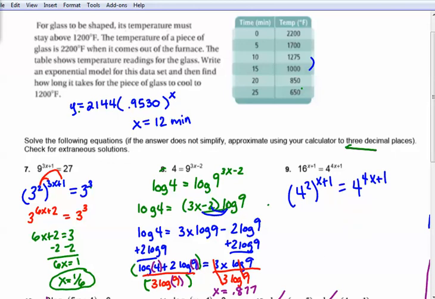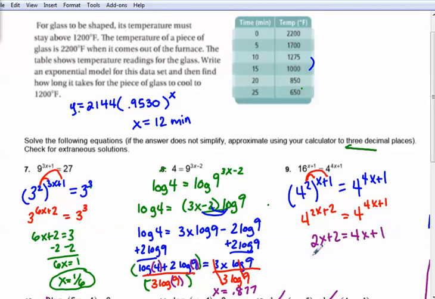So then you need to remember to distribute the 2 to the x and to the 1, and then you'll have 4 to the 2x plus 2 equals 4 to the 4x plus 1. And then once the bases are the same, you can deal with just the exponents. So 2x plus 2 equals 4x plus 1.